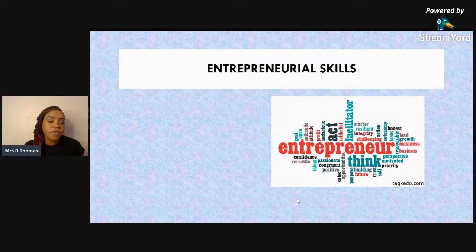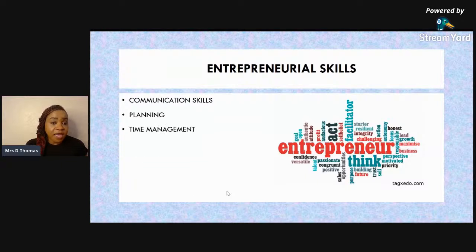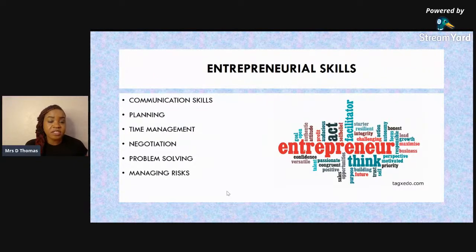So these are some of the entrepreneurial skills that the manager or the leaders would have displayed in order to succeed: communication skills, planning, time management, negotiation, problem solving, managing risk.